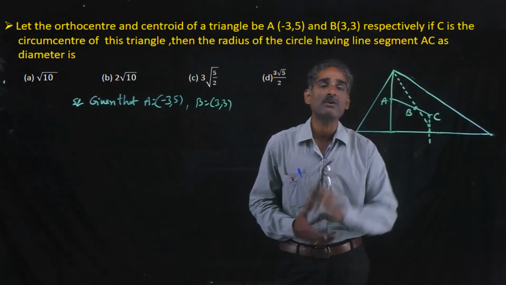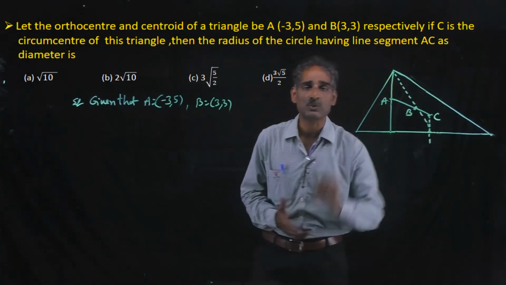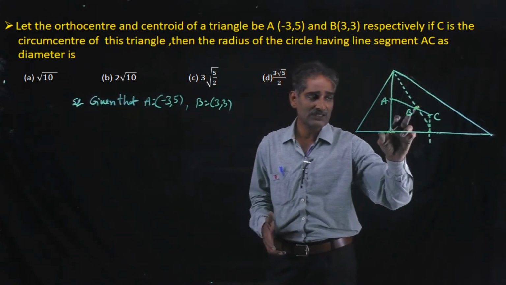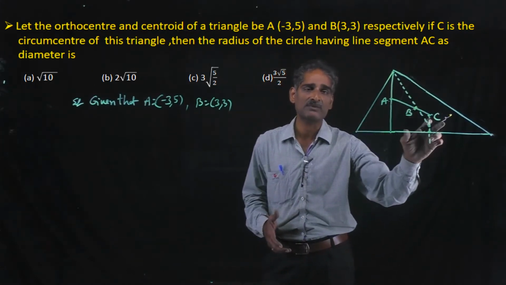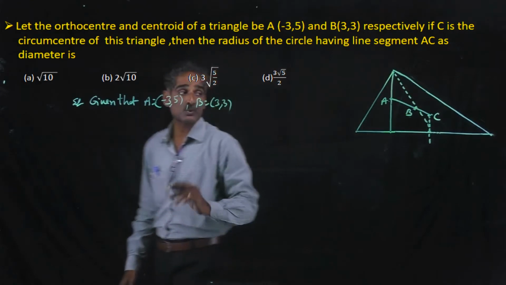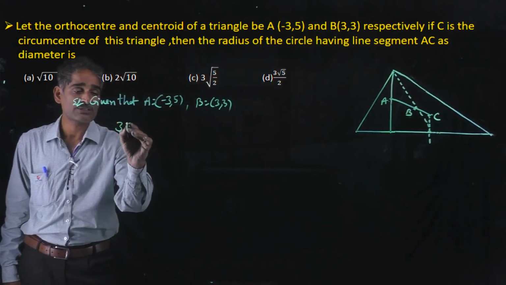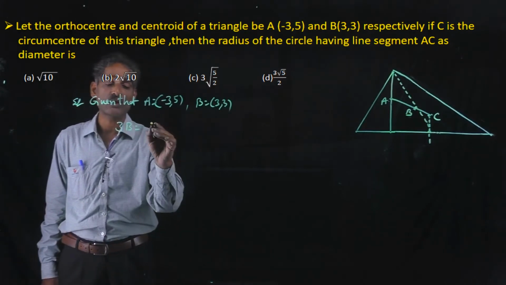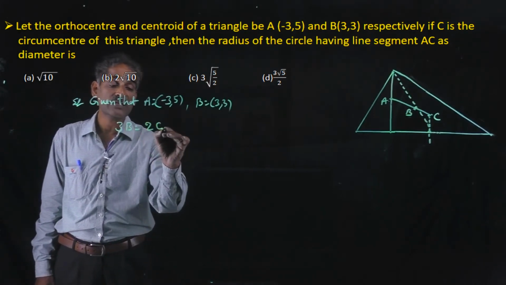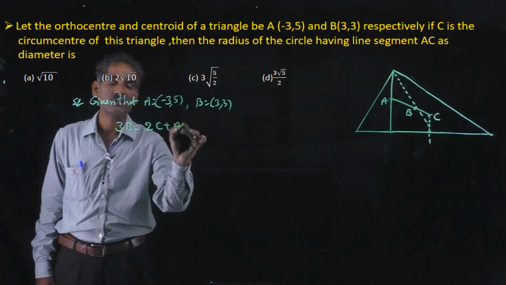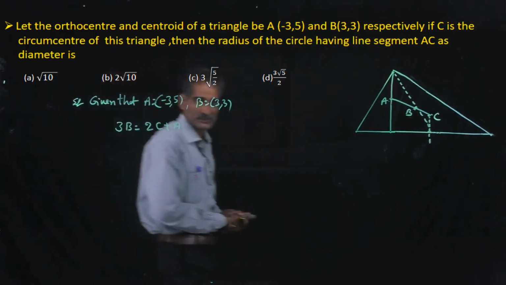So we have to find out AC. What is the relation between these two? So clearly given that this is the centroid, this is the orthocenter, circumcenter, the relation between these is 3G, that means 3B centroid is equal to 2S plus O, that means 2 into circumcenter plus orthocenter. This is the relation between these three vertices.